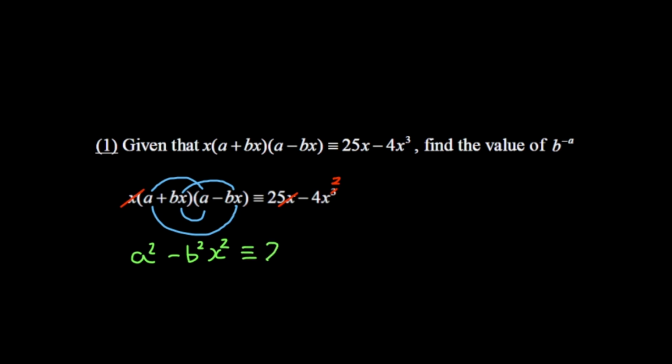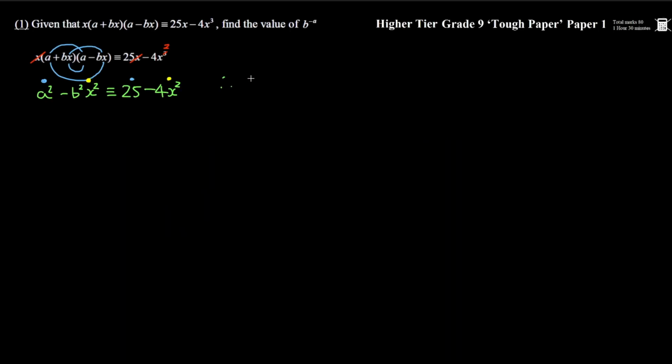We've got 25 here, negative 4x squared here. So these two terms here will equal each other, and these two terms here will also equal each other. Okay, processing that. So therefore I can say that a squared is equal to 25. I'm going to lose both the negatives, so I can say that b squared x squared must be equal to 4x squared.